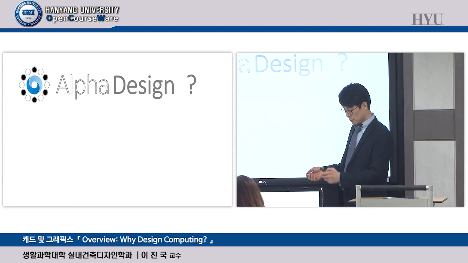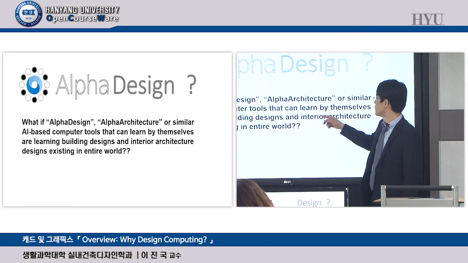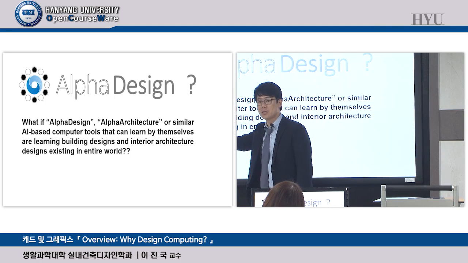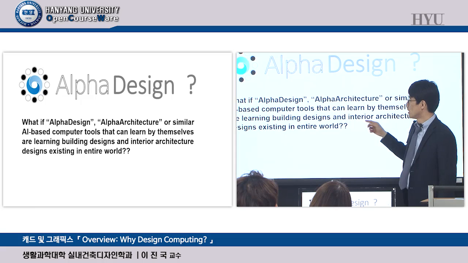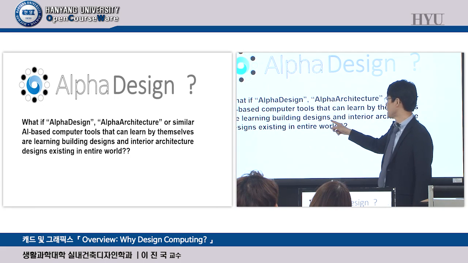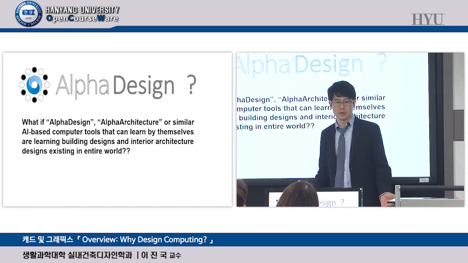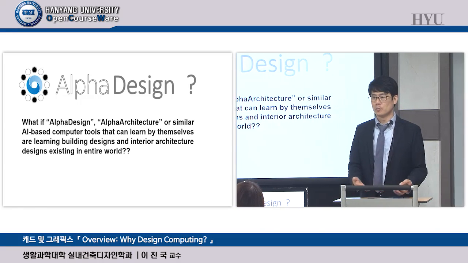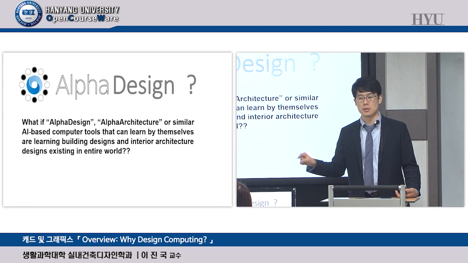Anyway, what if alpha design, alpha architecture, or similar AI, artificial intelligence-based computer tools that can learn by themselves, are learning building designs and interior architecture designs existing on this planet, even in this galaxy, bigger than millions of design cases?